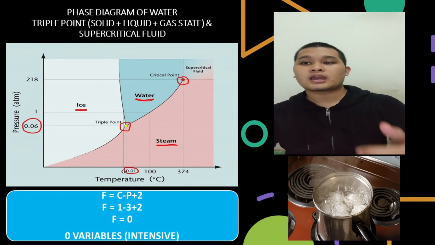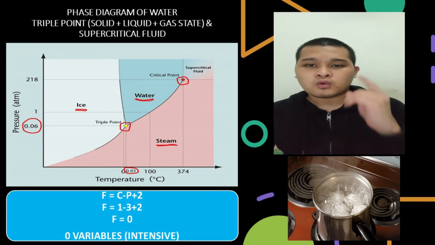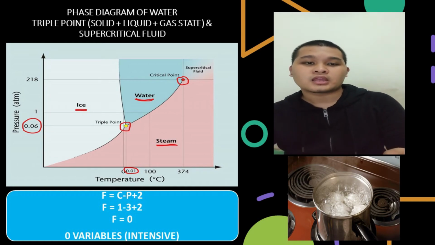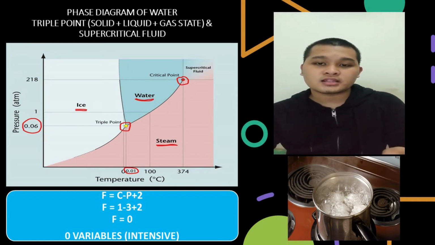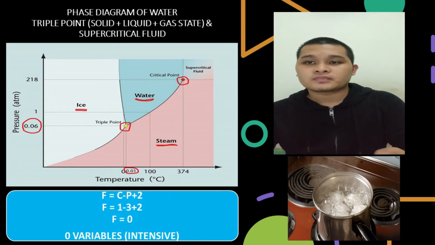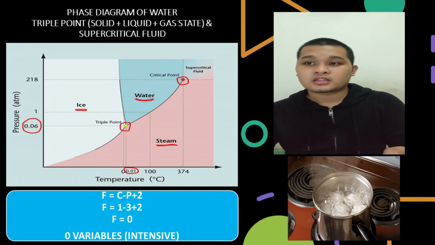So by looking at the diagram, it makes sense that there is only one pressure and only one temperature at which this condition can occur, and there is no other value that can meet this condition. It normally occurs at 0.06 atm of pressure and 0.01 degrees Celsius of temperature. Therefore, F is equal to 0.